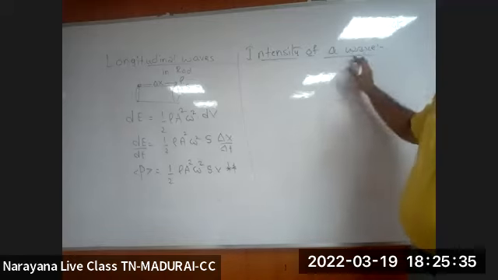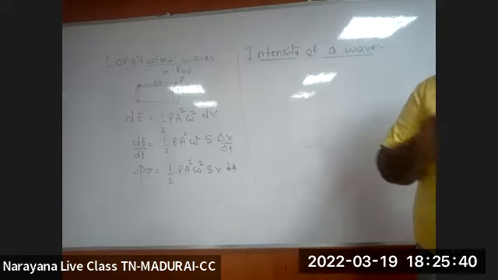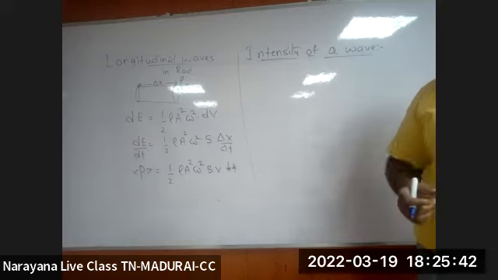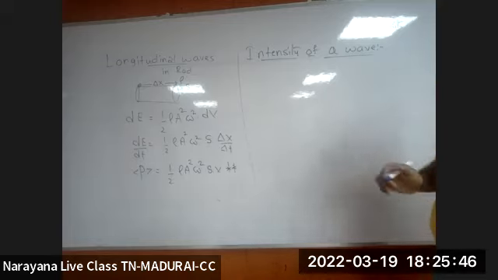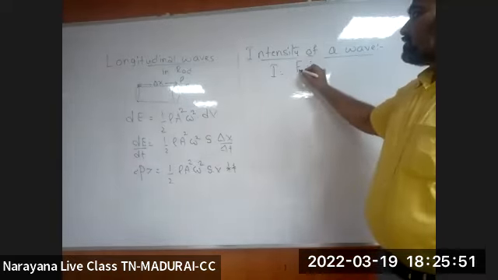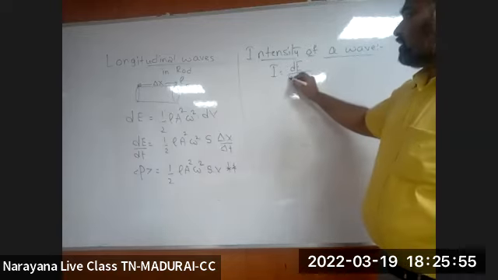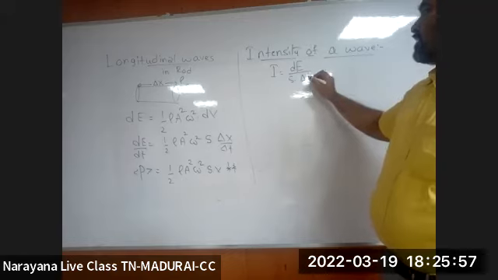Here also, intensity of the wave means the ability to drag energy and momentum from one place to another place. Understood? So how can you define the intensity? You can define intensity as the total energy stored per unit area in 1 second.